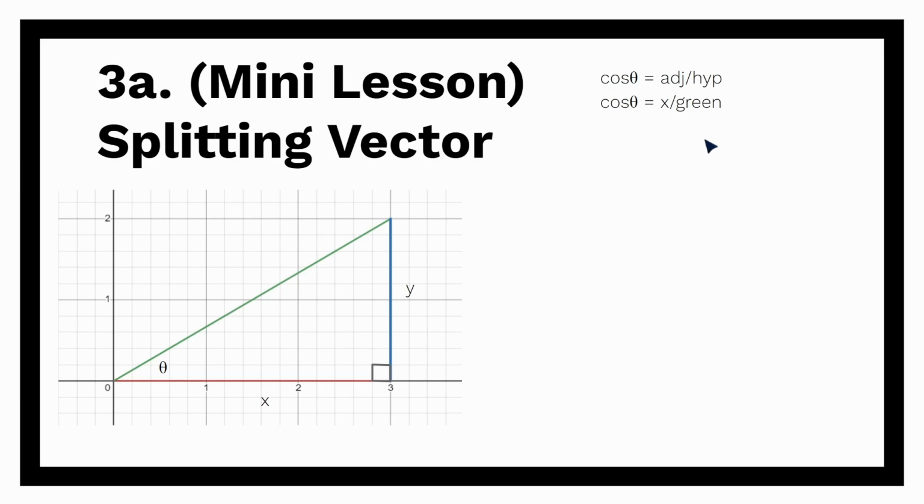I'm not really going into it this time. The cosine of this angle is the adjacent over hypotenuse, x over green. So to find x, we multiply by green on both sides. We multiply by the hypotenuse to get green times the cosine of theta is x. And same with sine. Sine is opposite over hypotenuse, excuse me. And so when you multiply by the hypotenuse, you get green times sine theta is y.